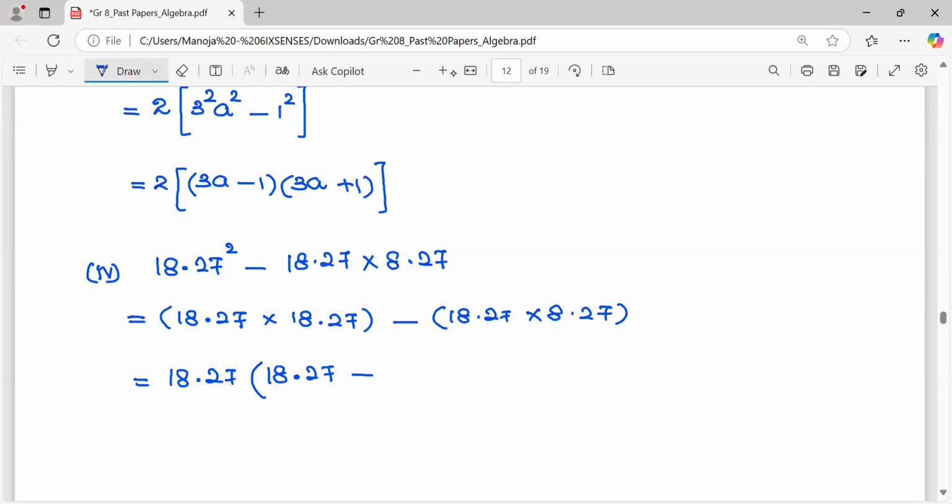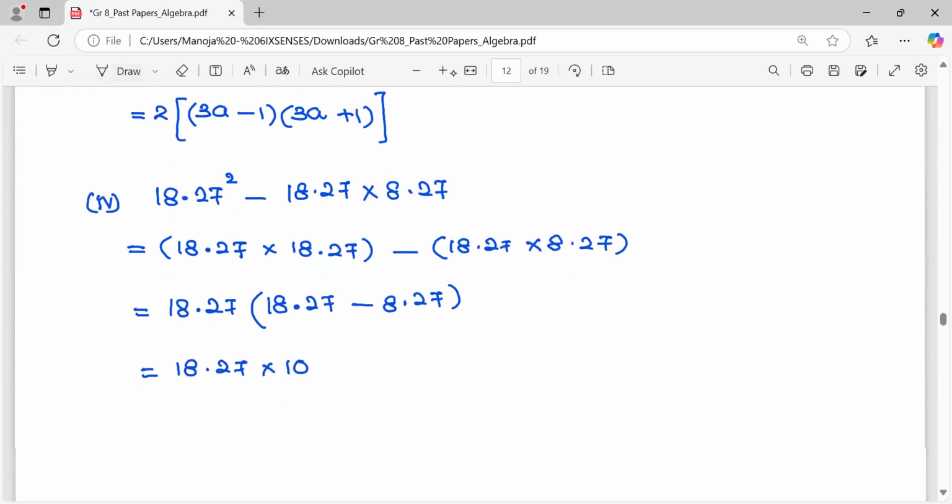Now, when you subtract 8.27 from 18.27, it gives me 10. So then I have 18.27 into 10. And when I multiply a decimal number by 10, it gives 182.7.